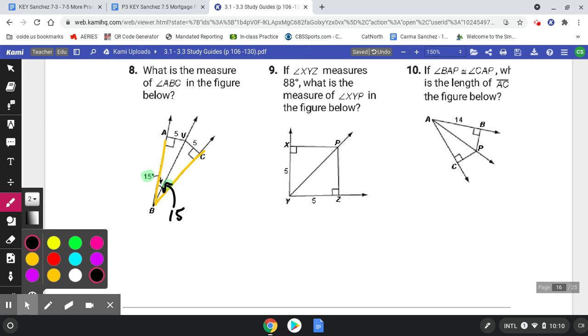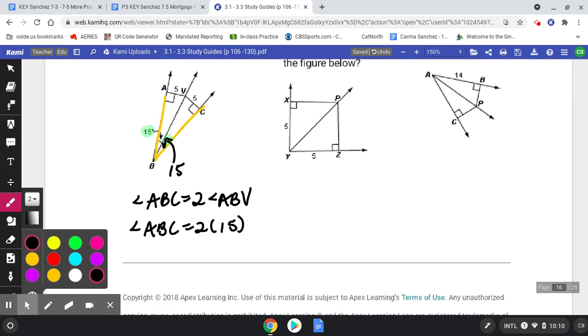So what's ABC going to equal? Angle ABC is equal to 2 of angle ABV. And so angle ABC is equal to 2 of the 15 degrees, and therefore angle ABC is equal to 30 degrees.